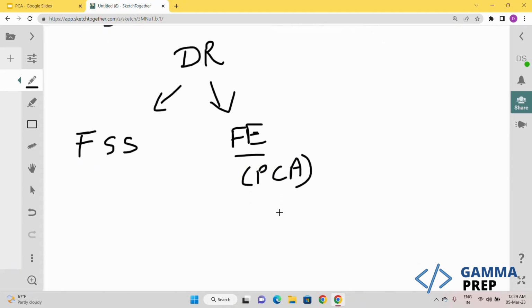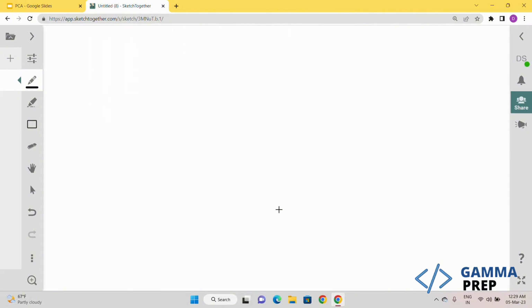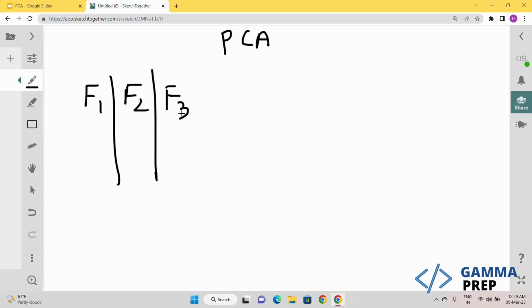Okay, now I'll explain a bit about principal component analysis. Let's say we have 10,000 features, say F1, F2, F3, and so on till F10,000.